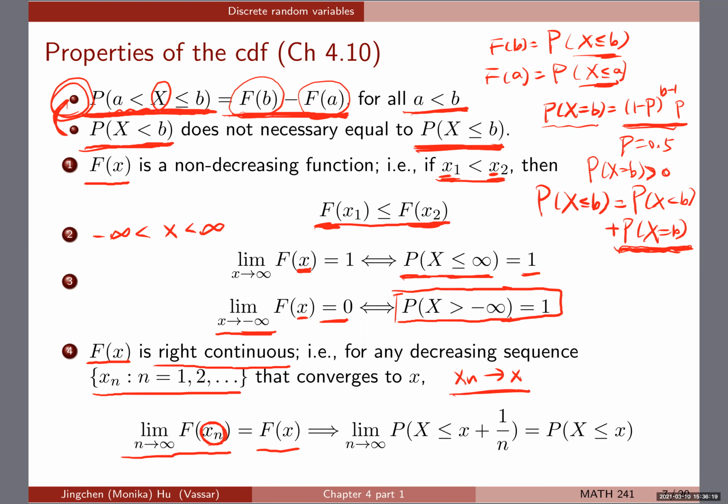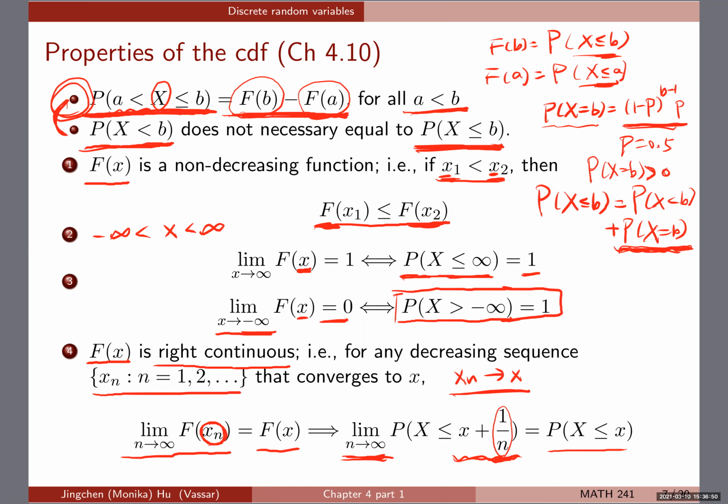But at the same time, what this is telling us is that as n goes to infinity, the CDF is being evaluated at x plus 1 over n. Because n is going to infinity, this term decreases, approaching 0, so that whole term goes away.